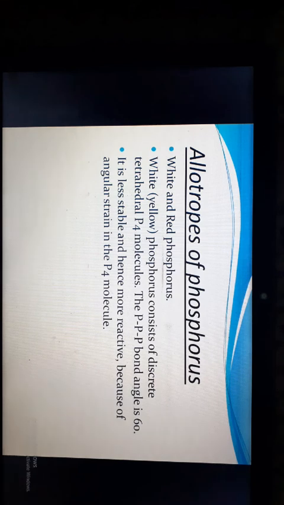It is less stable, that means we can say that it is more reactive. Elements which are less stable show more reactivity, and those which are more stable show very less reactivity. White phosphorus is less stable and more reactive because of the angular strain in the P4 molecule.